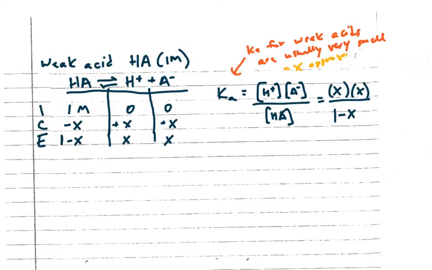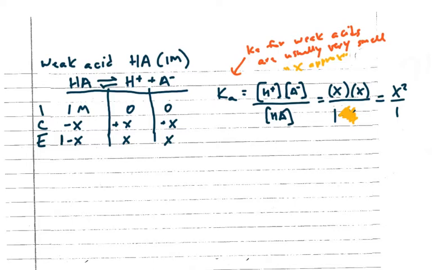So we can basically cross out the X in the denominator and simplify it as X squared over 1. That's the method we're going to use to solve these problems.